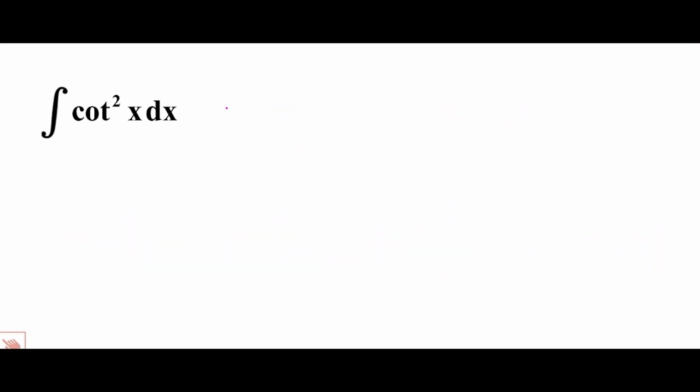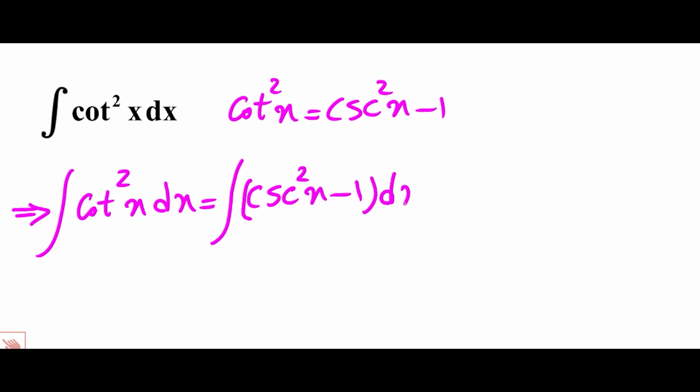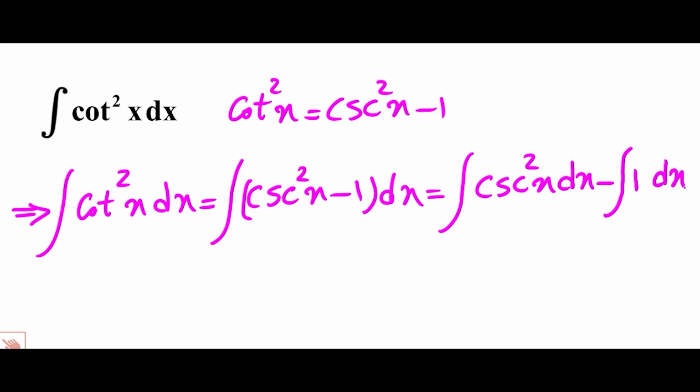The integral of cotangent squared x dx. We use the identity cotangent squared x equals cosecant squared x minus 1. So the integral of cotangent squared x dx equals the integral of cosecant squared x minus 1 dx. And this integral equals the integral of cosecant squared x dx minus the integral of 1 dx, right?